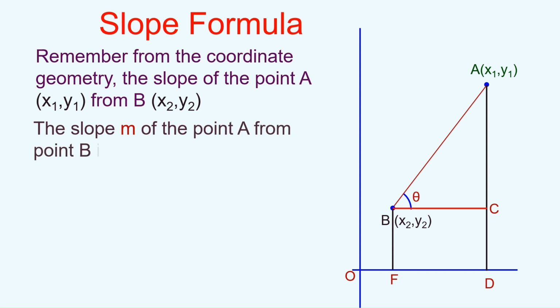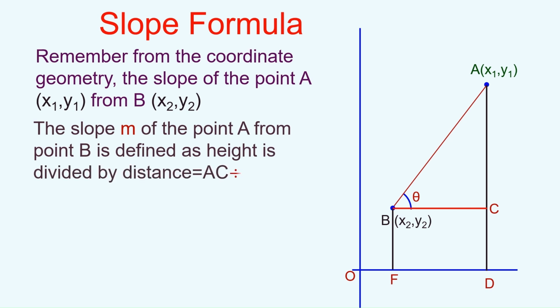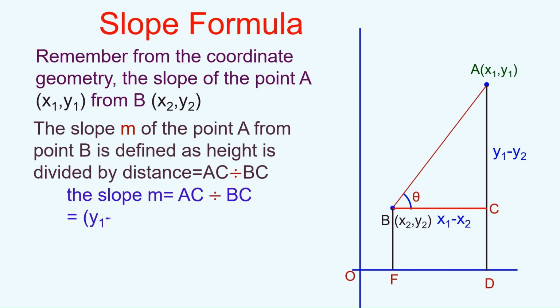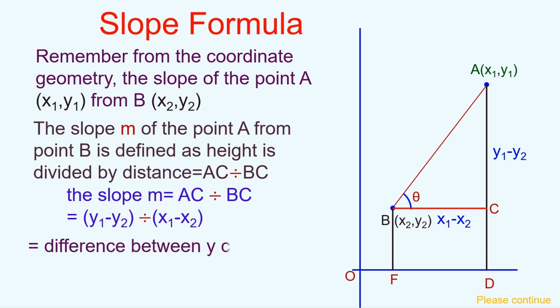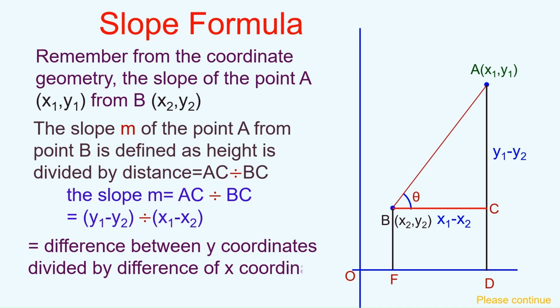The slope m of the point A from point B is defined as height divided by distance, equals AC divided by BC. The slope m equals AC divided by BC equals y1 minus y2 divided by x1 minus x2 equals the difference between y coordinates divided by the difference of x coordinates.